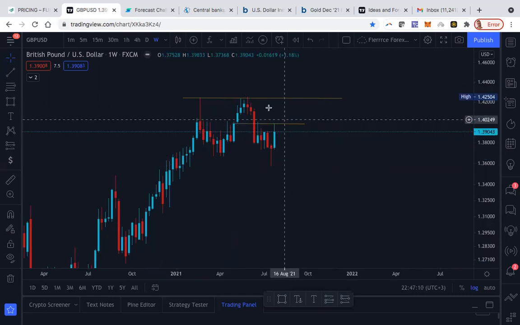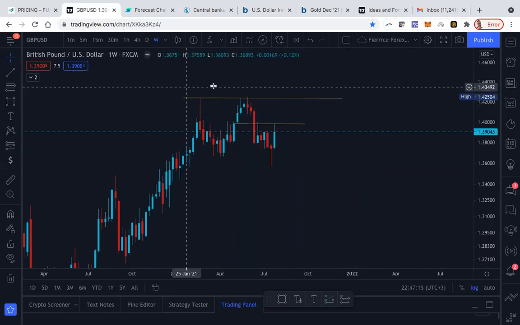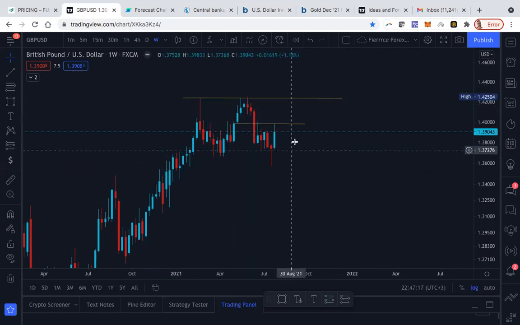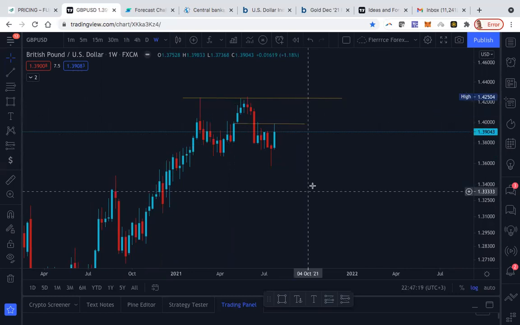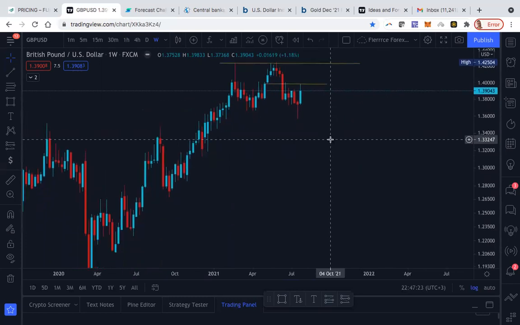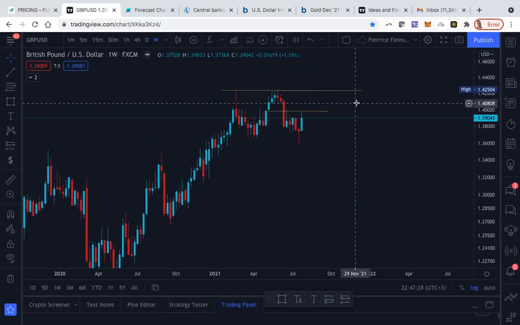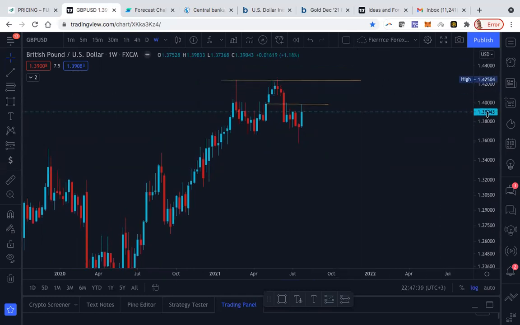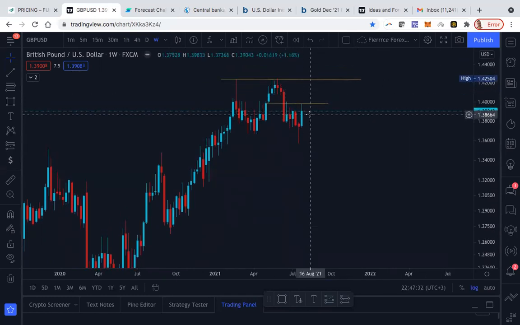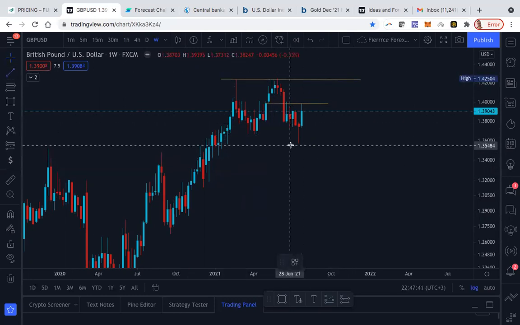There are interesting levels up here that I believe GU will actually retest. So I'm looking at it right now, guys, and we are definitely possibly going to open bullish. But with this rejection here, we may see a shift downwards, possibly take out these previous lows here.